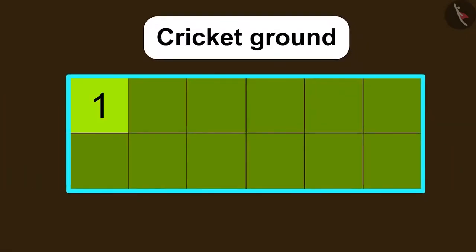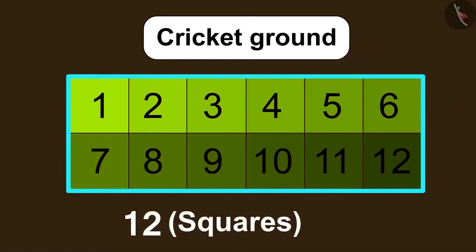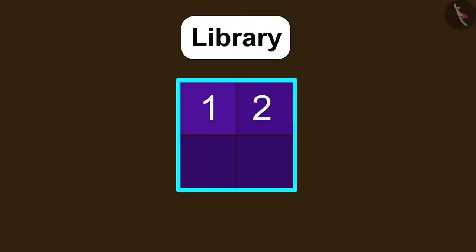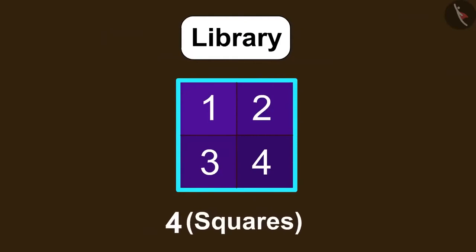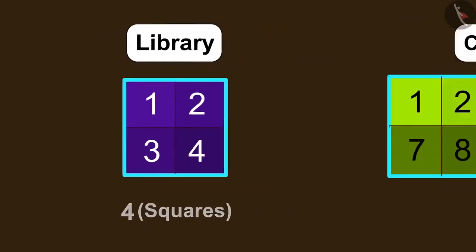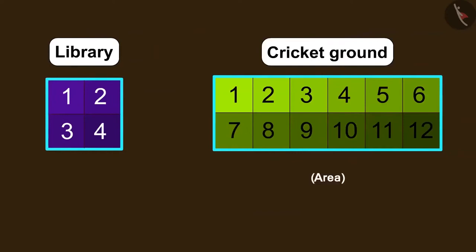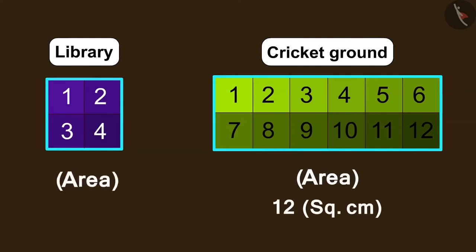If we look at the cricket ground, it is made of 12 squares, while the library is made of only 4 squares. So, in this way, the area of the cricket ground is 12 square centimeter, while the area of the library is 4 square centimeter.